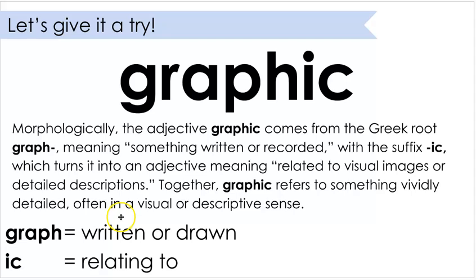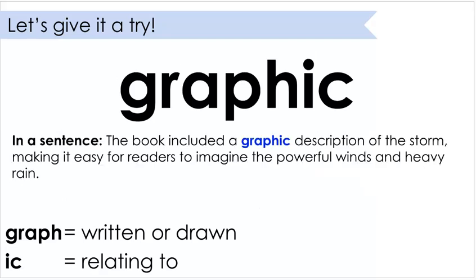These are novels that have those visual images or detailed descriptions included in them. Which is probably why you enjoy them so much. In a sentence, you might say, the book included a graphic description of the storm, making it easy for readers to imagine the powerful winds and heavy rain. So remember, you can have a graphic description with words or with pictures, or both.